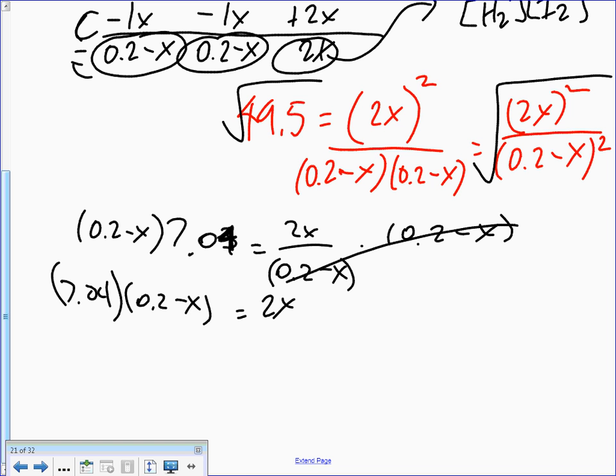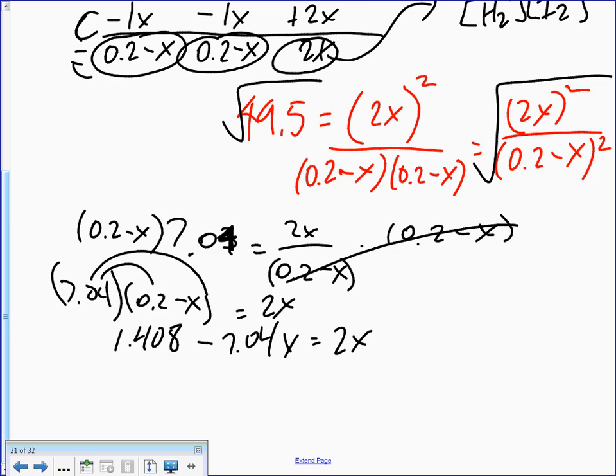So what do I need to do now? Distribute, and then what? Combine like terms maybe first and then divide. So what's 7.04 times 0.2? 1.408. And then I'm subtracting 7.04x when I distribute that out, equals 2x.